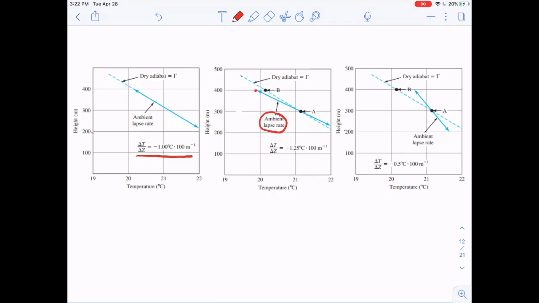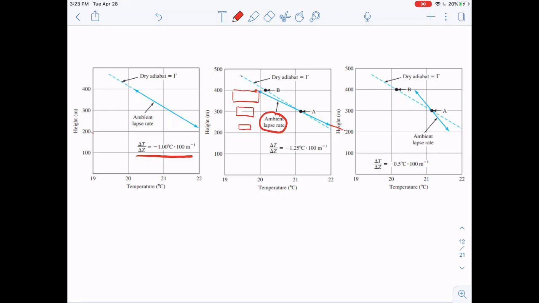So what's going to happen to the air motion under this situation? Okay, so let's again draw this air motion here. We know that under this dry adiabatic lapse rate, the air parcel will rise up while it expands, right? So the temperature will decrease.